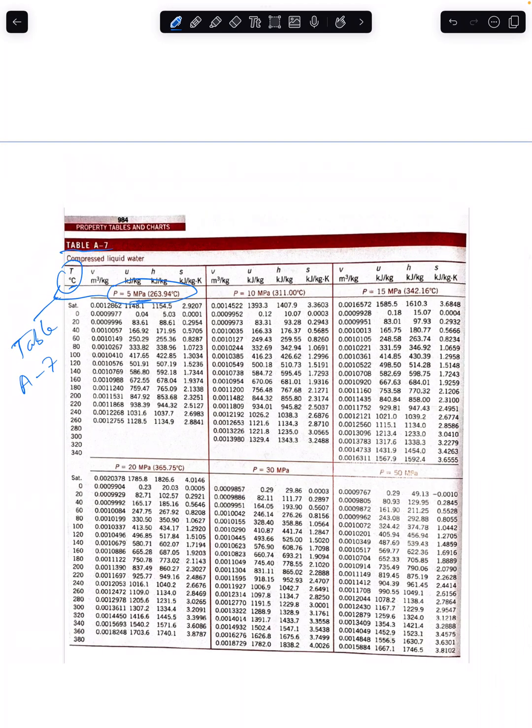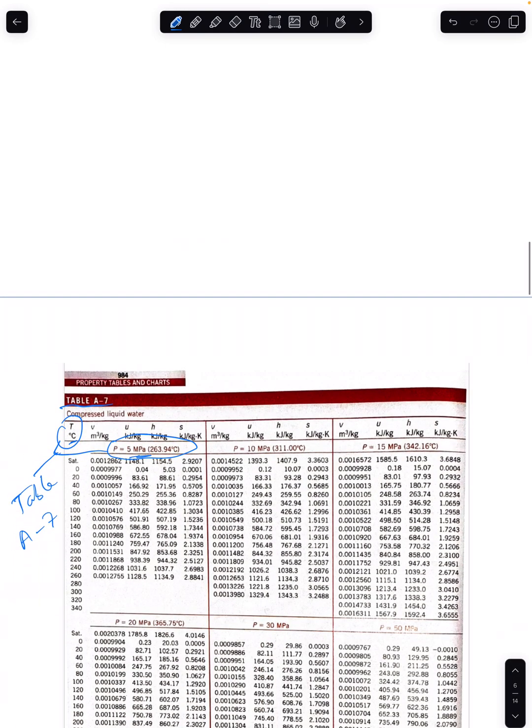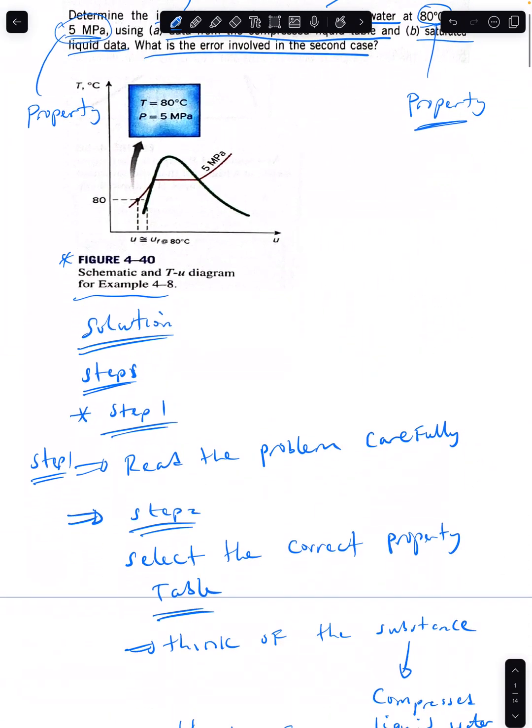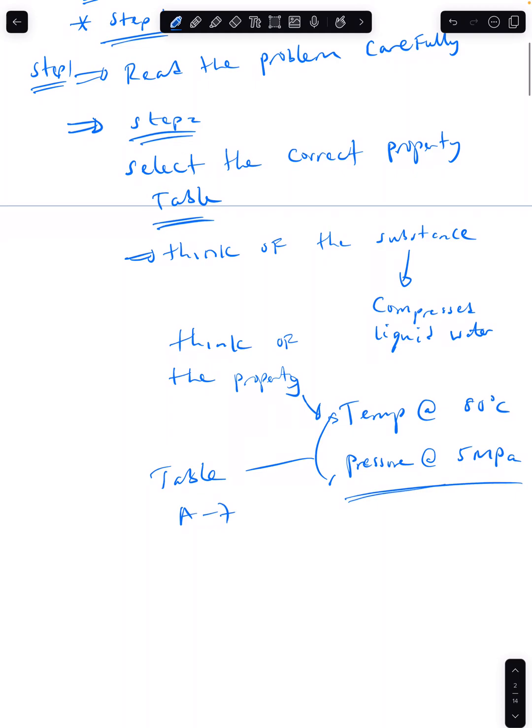Therefore, when the question says data from the compressed liquid table, we have to use table A7. So for question A, we use table A7.